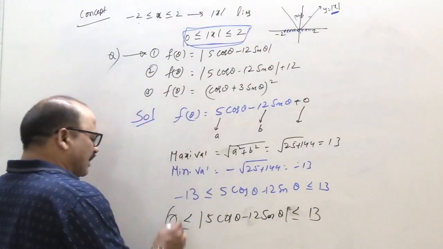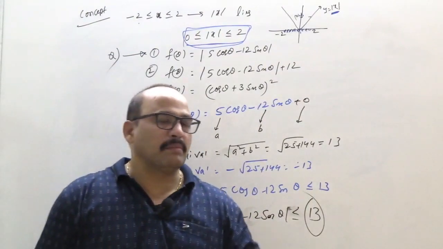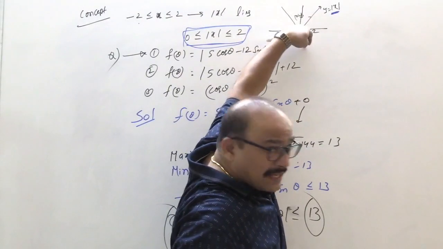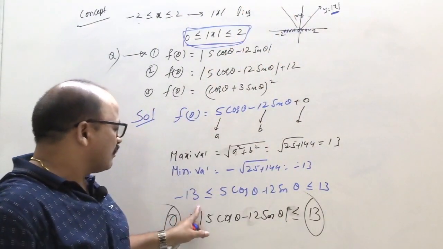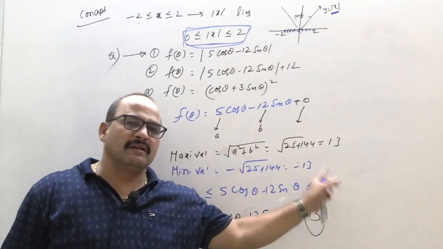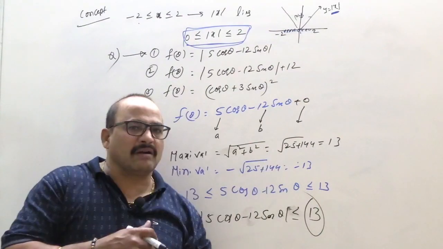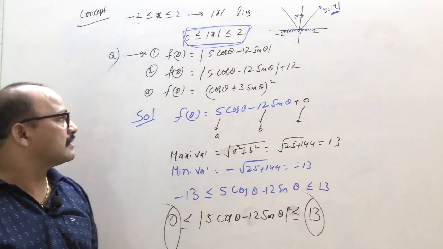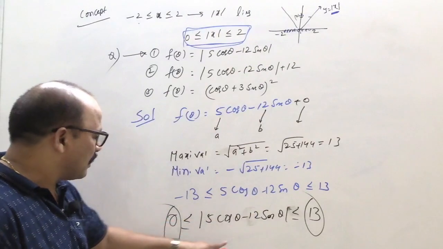So minimum value 0, maximum value 13. This is the mod nature, the mod graph. Observe this: the mod graph is always above and never below the x-axis, 0 to positive numbers. So the answer in the negative region, from minus 13 to plus 13, in between 0 is there, minus 1, minus 2 are there. So cut the negative region. So the range starts from 0 to 13. Next one also, same. Apply this mod.